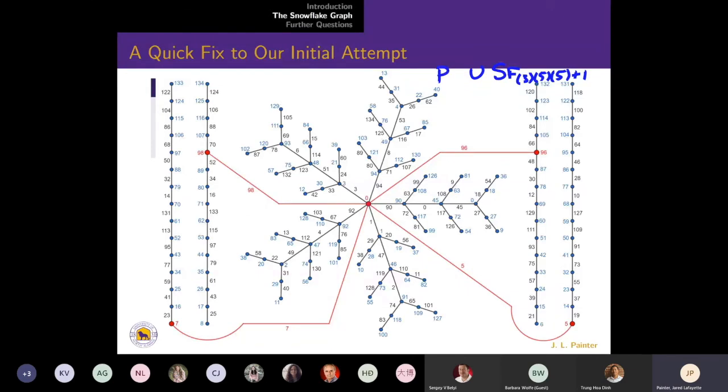So this is union with 4 paths, which is 5 minus 1, of length 3 times 5. Okay. And so what we did is we basically just set up the snowflake the way we had.